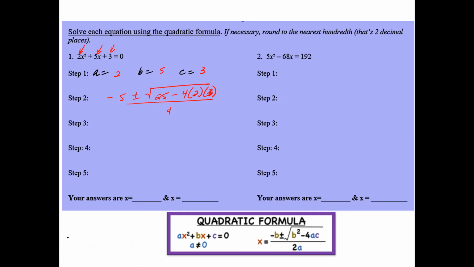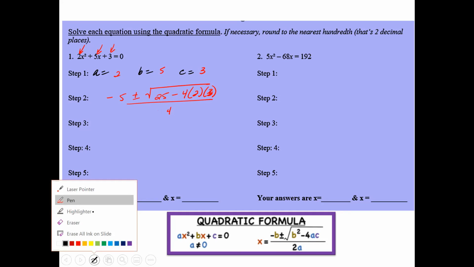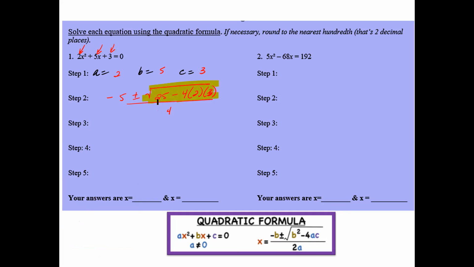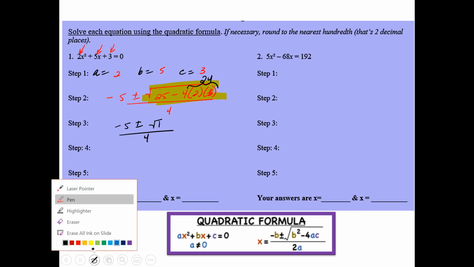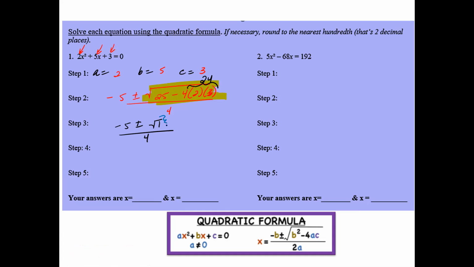Step 3, focus in on just the square root. What is 4 times 2 times 3? That's 24. What's 25 minus 24? 1. Step 4, ask yourself, what is the square root of 1?